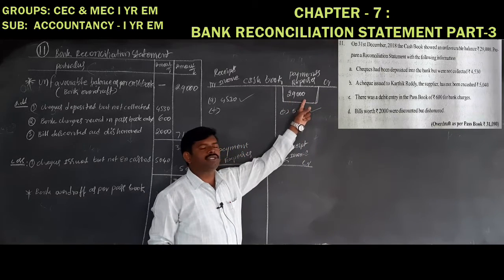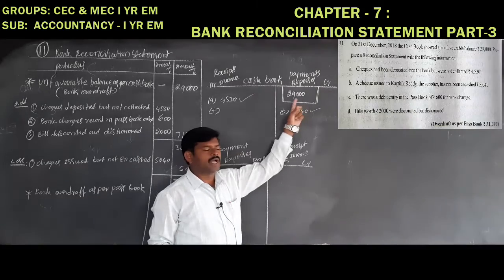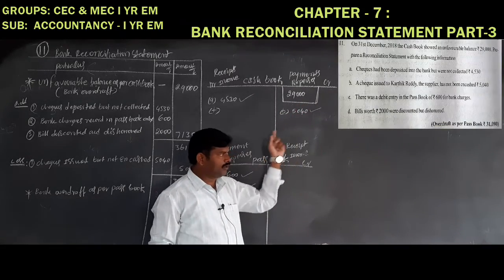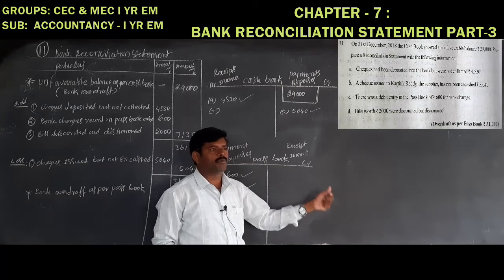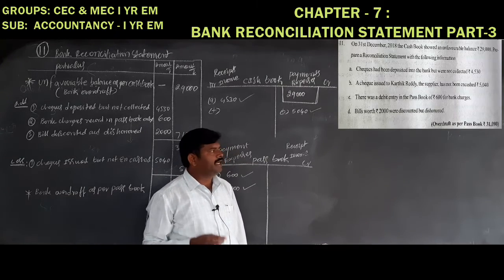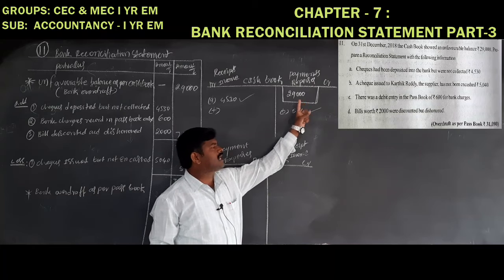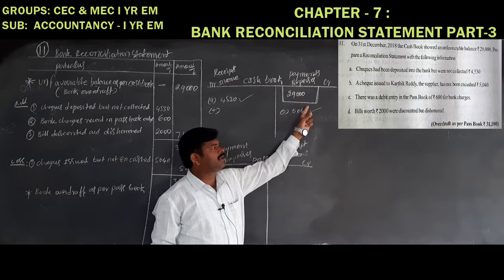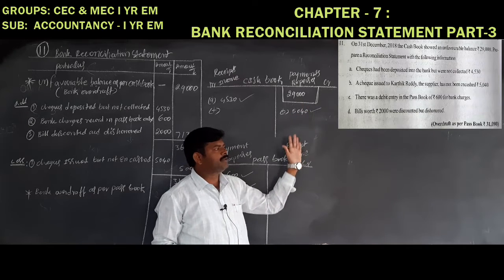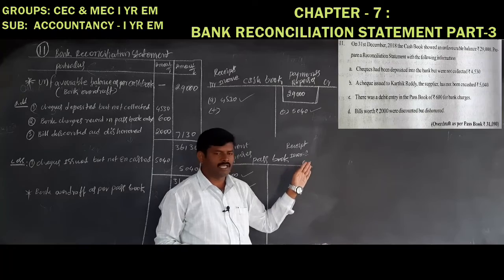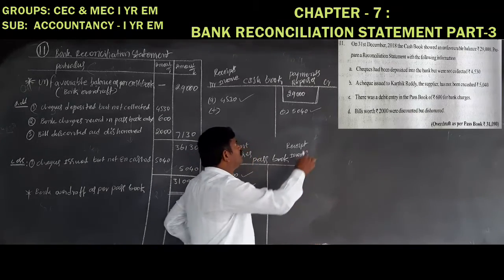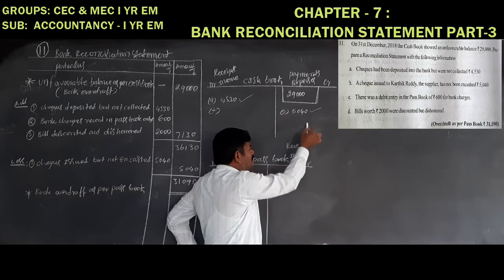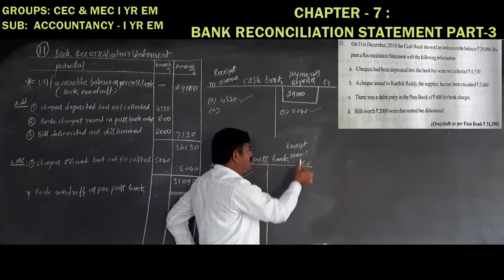So I know the starting point, and I record the previous transactions in the cash book and passbook. Based on the starting point, we conclude that some transactions are less items and some are add items. So, which transactions are recorded on the credit side in the passbook as well as the cash book?